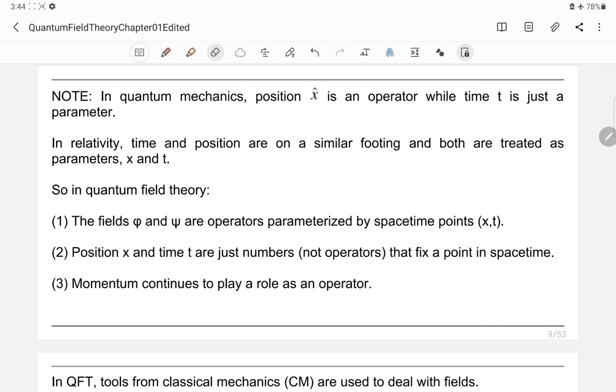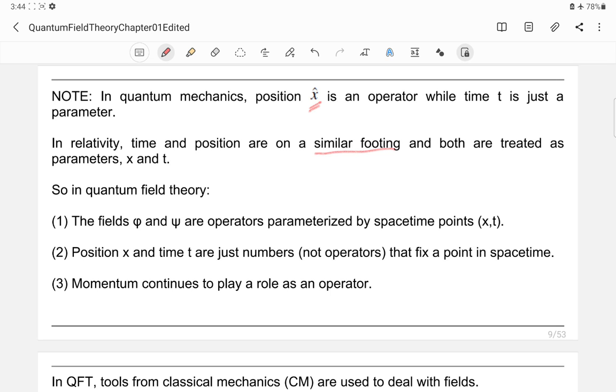Note that in quantum mechanics, the position x is an operator while time t is just a parameter. In relativity, time and position are on similar footing and both are treated as parameters.